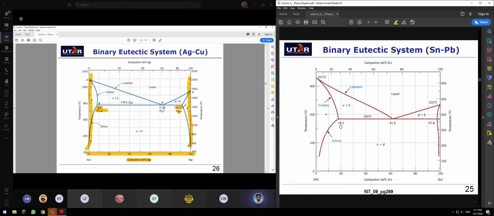This is your triple point composition of the eutectic, Ce, and this is the eutectic temperature, Te. Solidus line, liquidus line. That's all.